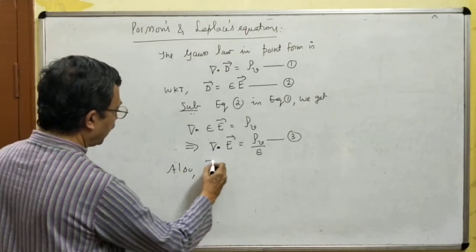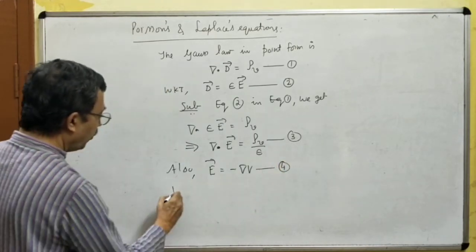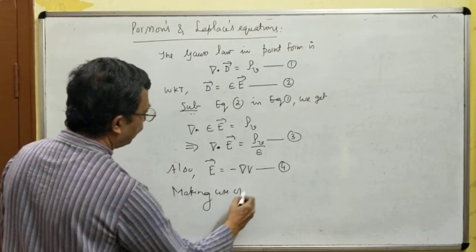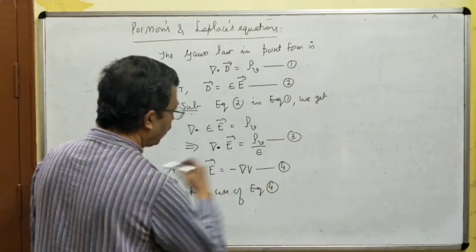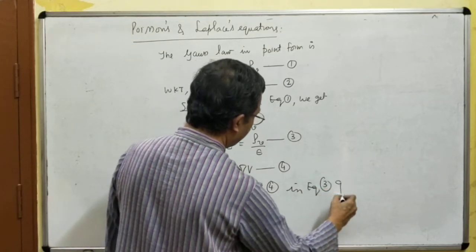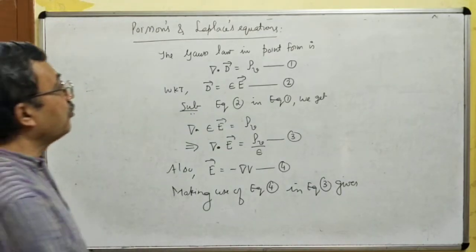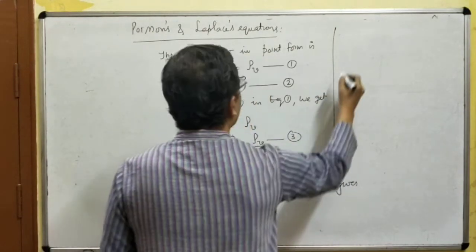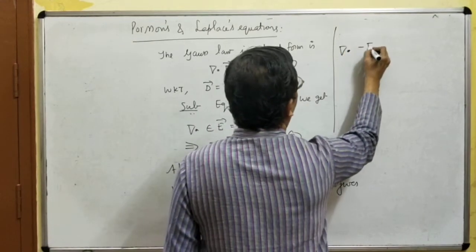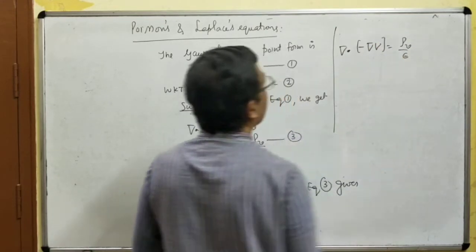Also vector E is equal to minus grad V. Equation 4. Making use of equation 4 in equation 3 gives del dot, what is vector E, minus grad V, is equal to ρv by ε.